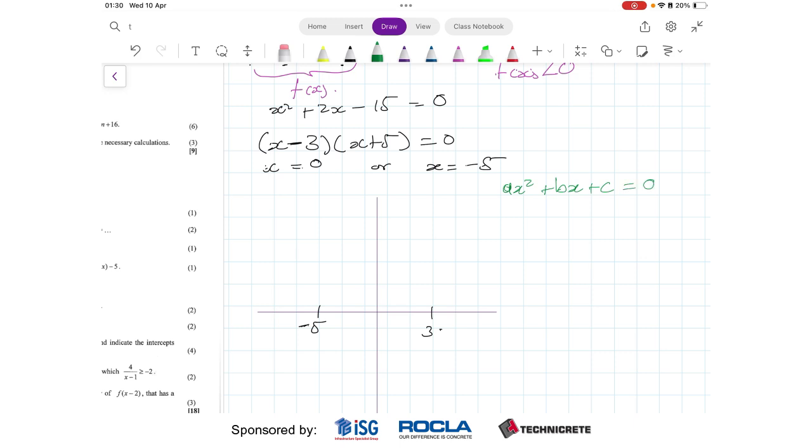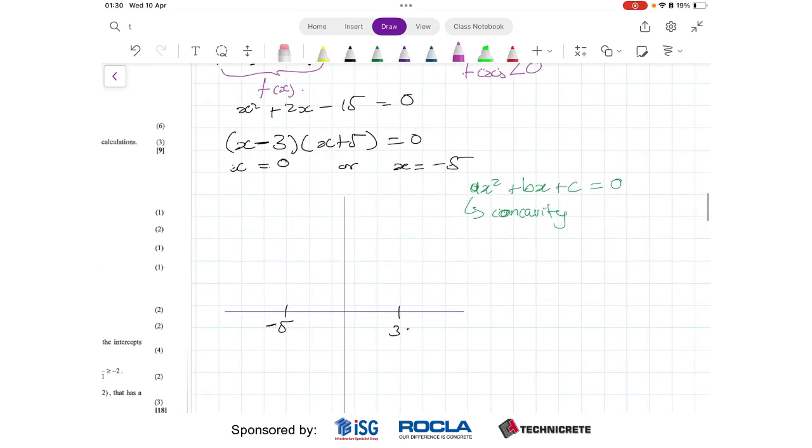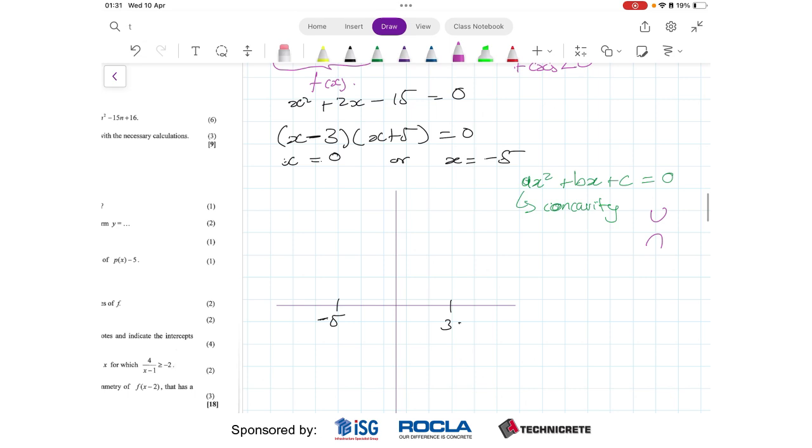In the standard form, the value of a tells you about the concavity. The concavity is whether the graph is smiling up or smiling down, whether it has a smiley face or a frowny face.